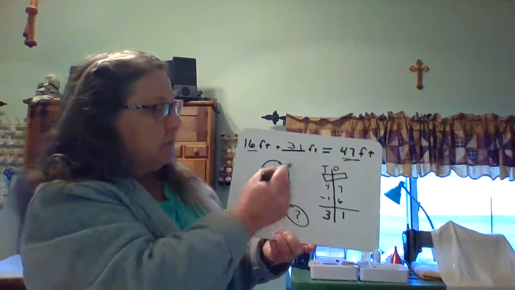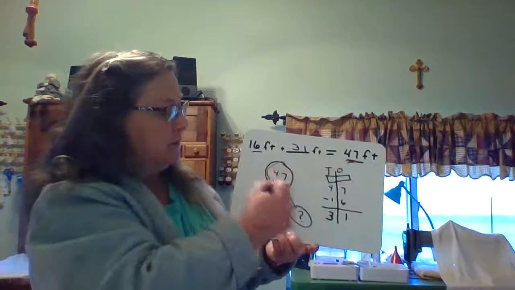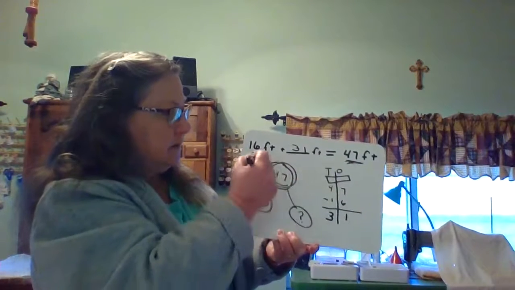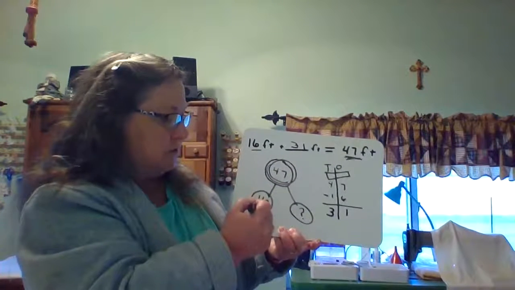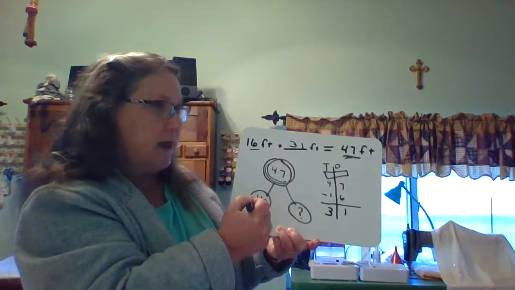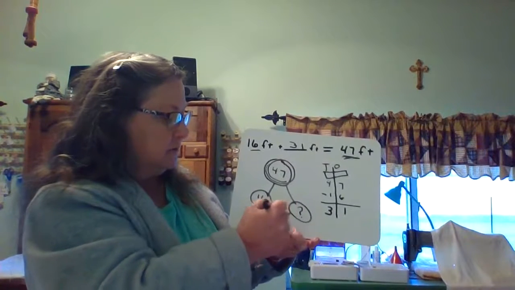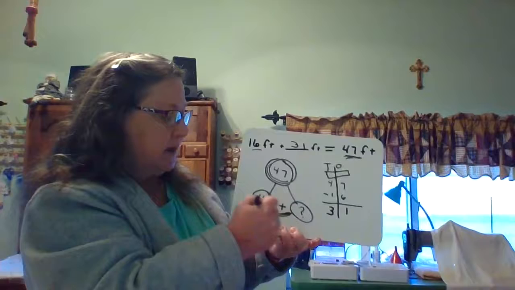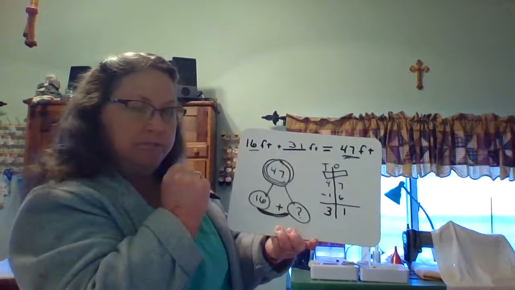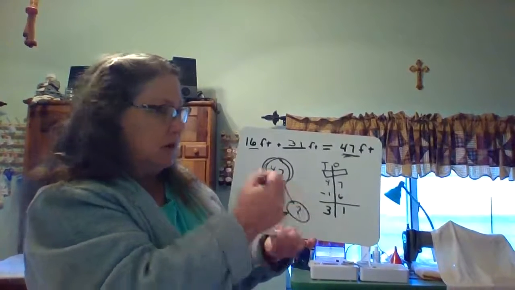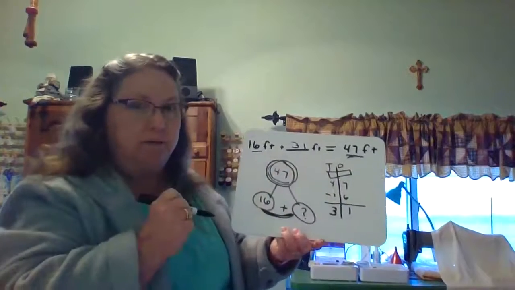So remember, the big number goes in the top of the bond. The other number that you know goes at the bottom if you're adding here. We know that these two together have to be added together to make that one. If I don't have this one, then I have to do the subtraction to be able to figure it out.